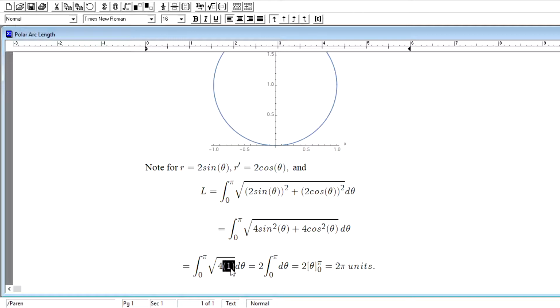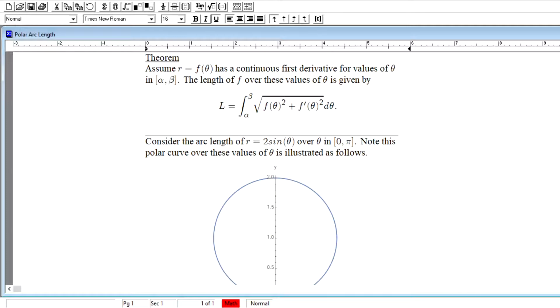So you end up with 4 times the quantity 1, equivalent to 4 sine squared theta plus 4 cosine squared theta, which is nothing more than the value of 4 under the radical, so it's the square root of 4, which is 2, a constant multiple you could bring out in front, and you really are just integrating from 0 to pi with respect to theta, where your argument inside here is still that value of 1. Let me get back down there.